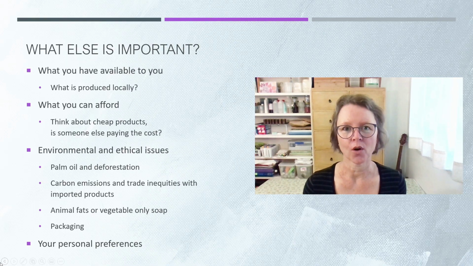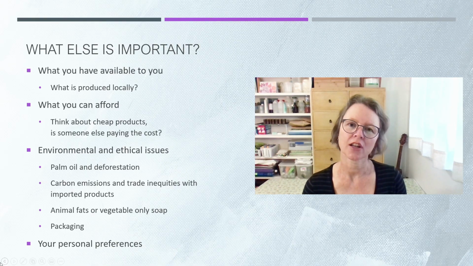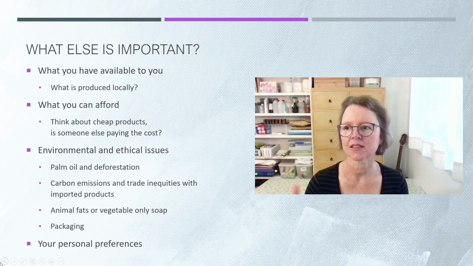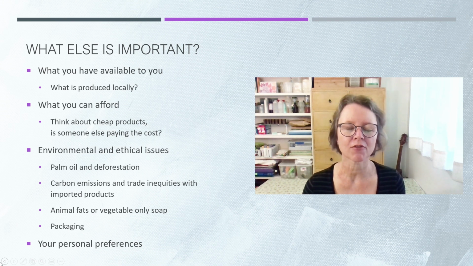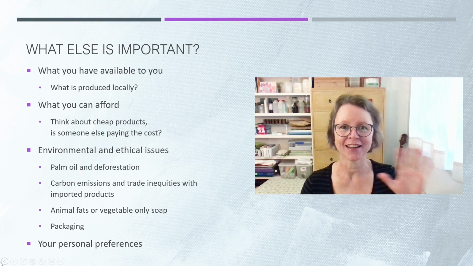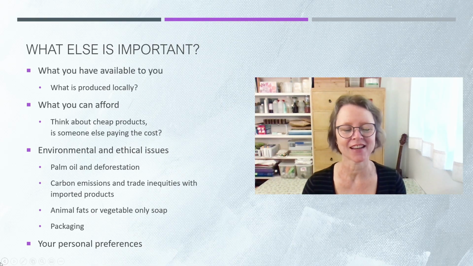Do you have an oil that is produced in abundance locally, that's affordable and is sustainably produced? Coconut oil in southern India and Sri Lanka and countries in that region, that's a great example. If I was living in southern India, particularly in Kerala, and hello to everybody in South India, I would be having lots of coconut oil in my soap recipes because they produce coconut oil in abundance.